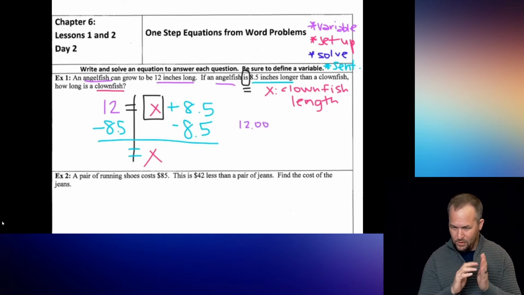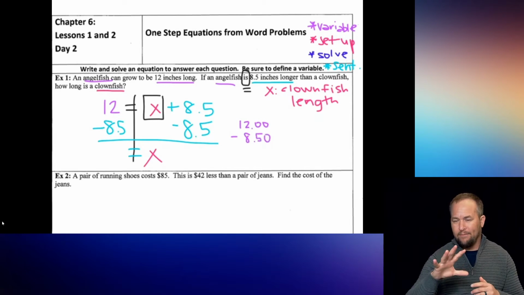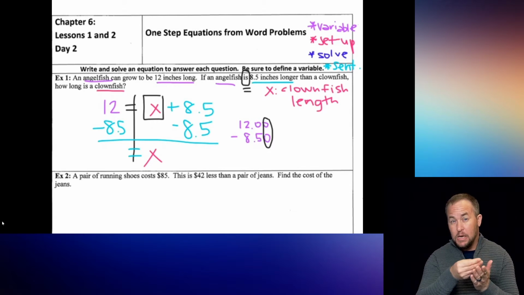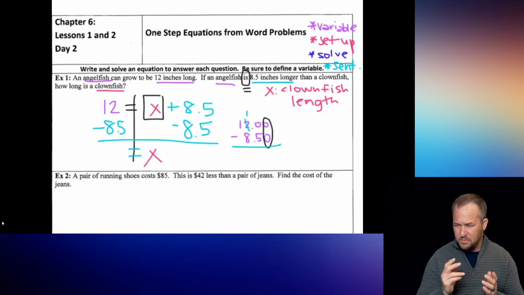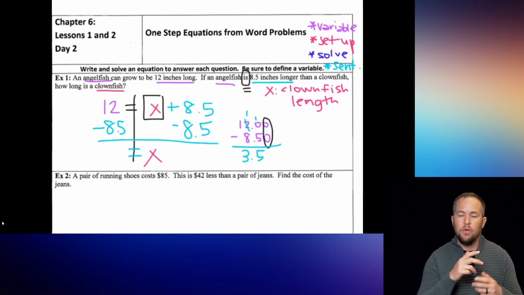Think of it kind of like $12 minus $8.50 or 8.5. Would I necessarily need this last zero? No, you can get rid of that. But like I said, sometimes just thinking money seems to resonate a little bit better with people. So then this becomes 11, so 10, which means my final answer here is 3.5.